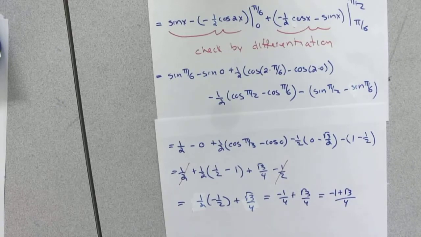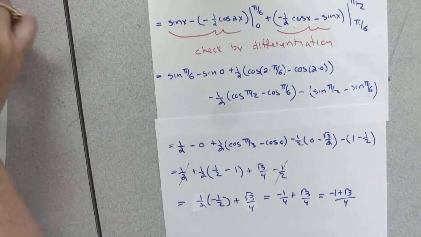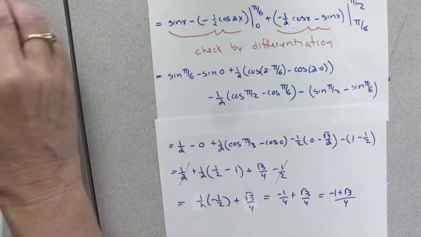If it came out negative, it's not possible. Now, hopefully, I did everything correct here. Again, I'm lecturing to an empty classroom, so if I made a mistake, no one's here to yell at me that I made a mistake. But I feel relatively confident that there's my area. And it is a positive value, so at least I can be sure that I'm not absolutely wrong.